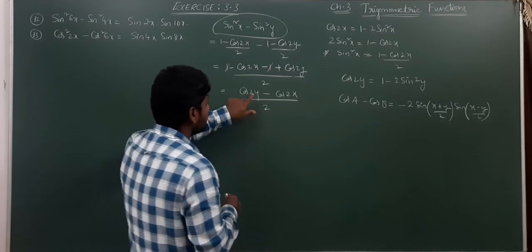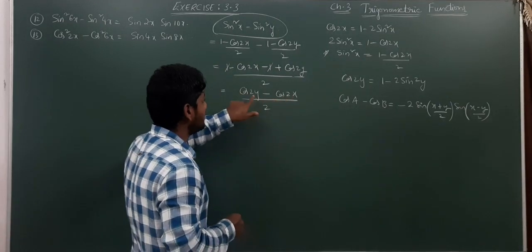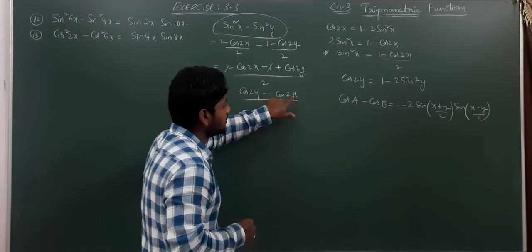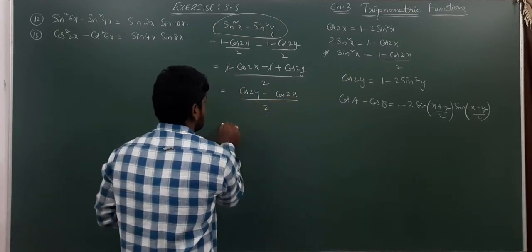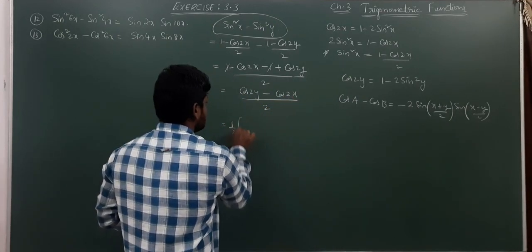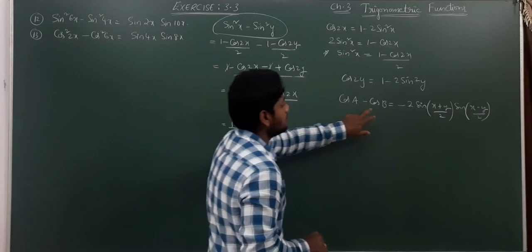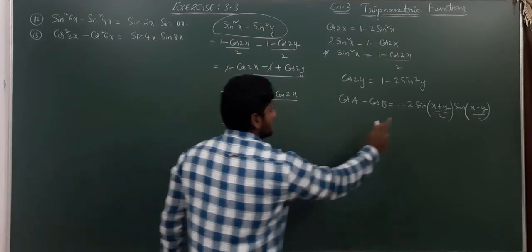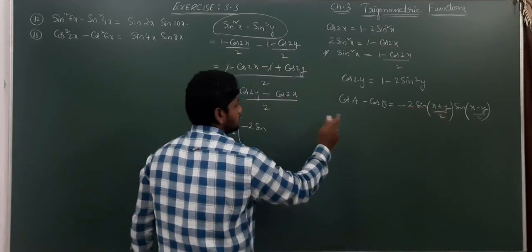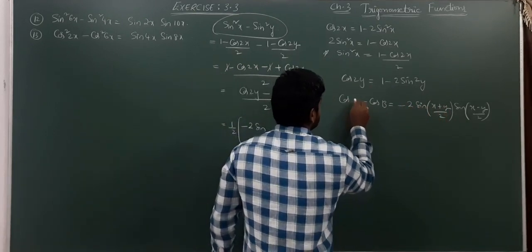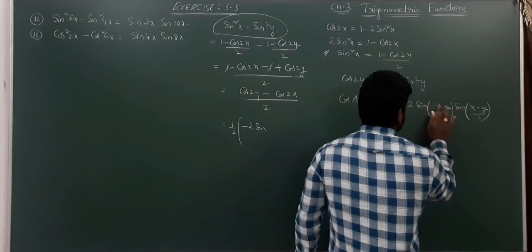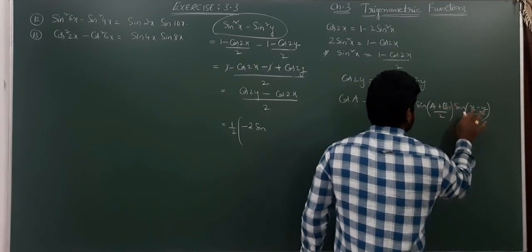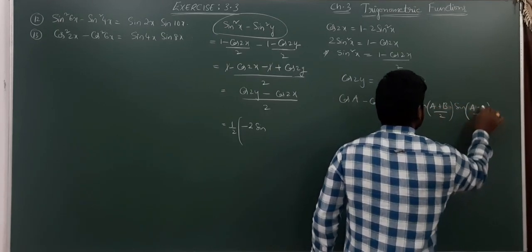So this is the form of cos a minus cos b, where a we will consider as 2y and b we will consider as 2x. Substitute here. So 1 by 2 is common, right? Cos a minus cos b is minus 2 sin a plus b by 2 into sin a minus b by 2.